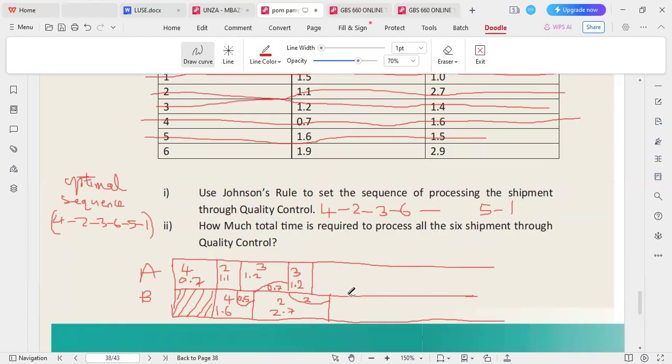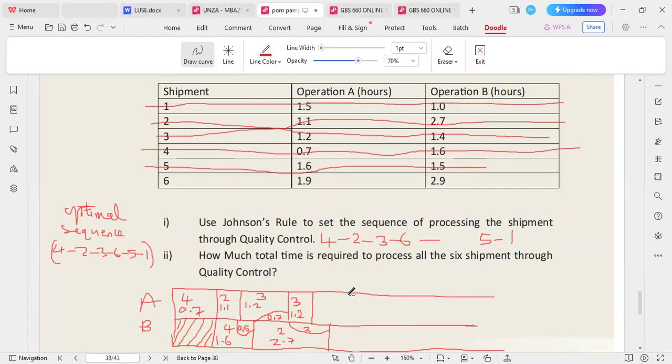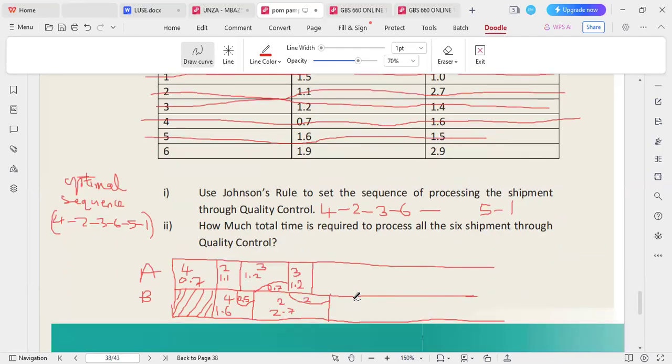Job 6 in operation A is taking 1.9 hours. So meaning that here already, from the 2, the 1.2 has gone. So 2 minus 1.2 is 0.9.